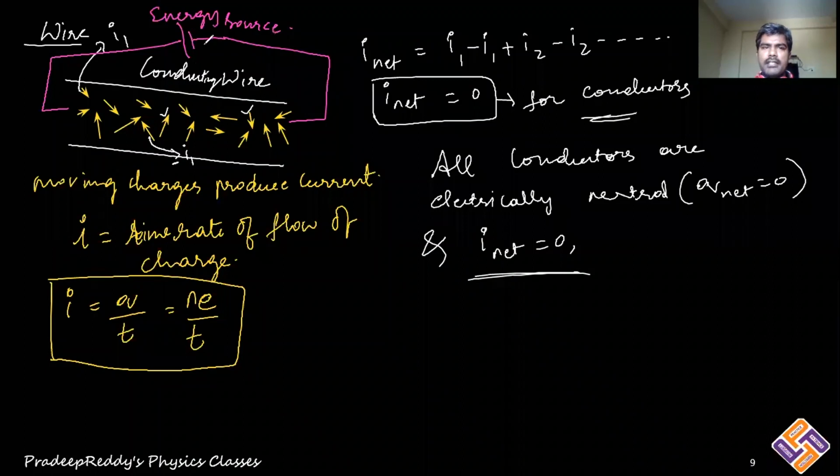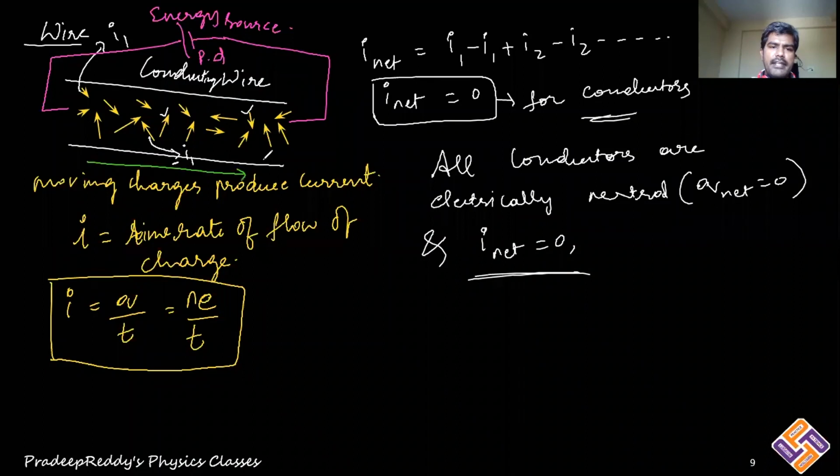It stores chemical energy, and that chemical energy gets converted into electrical energy. Because of that, this battery offers some potential difference, and because of this potential difference, an electric field is set up from the positive to the negative terminal.